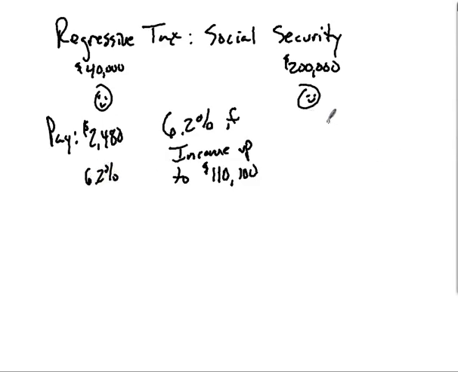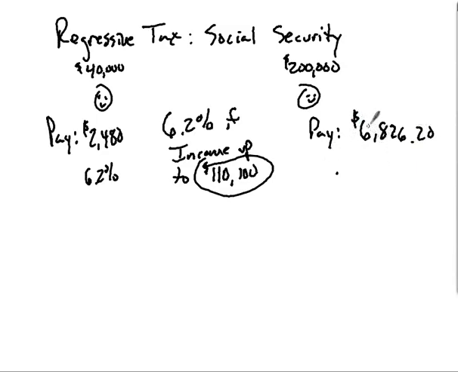This person over here, remember, they're being taxed on the first 110,000, and so if you take 6.2% of 110,000, they are paying $6,826.20. But when you say what percentage is this of their income, it gets to 3.4%.